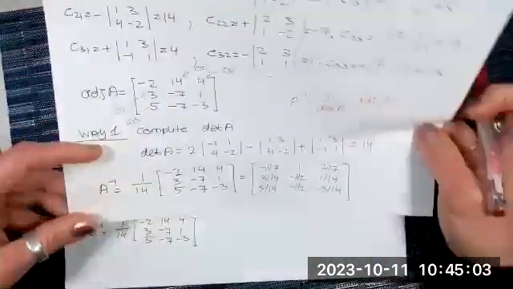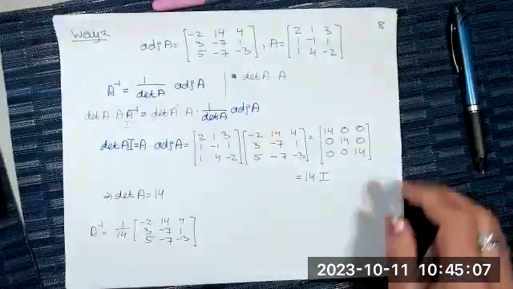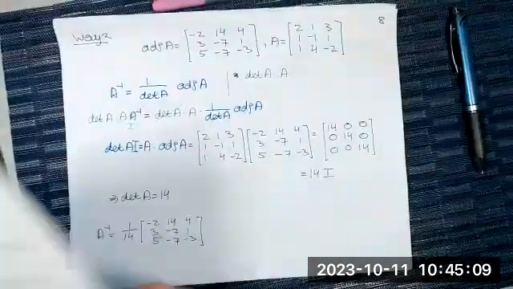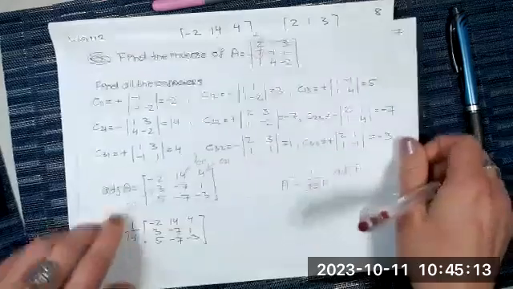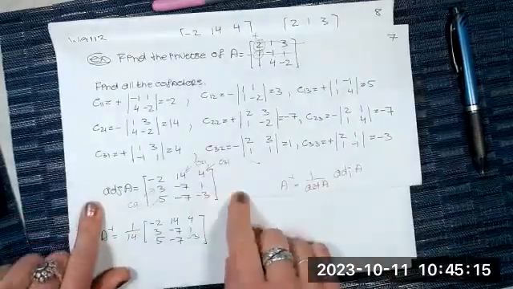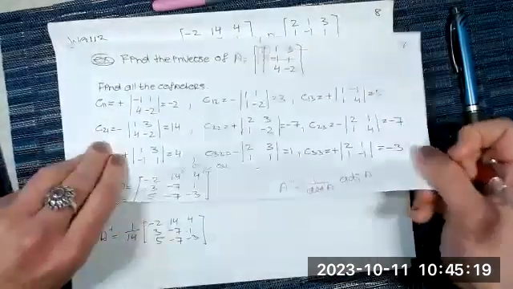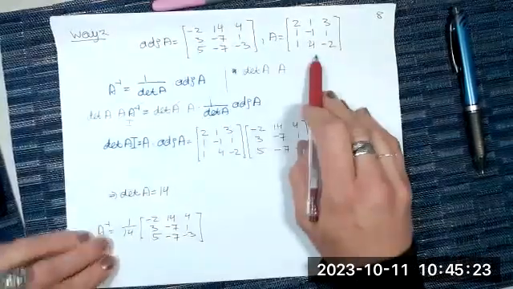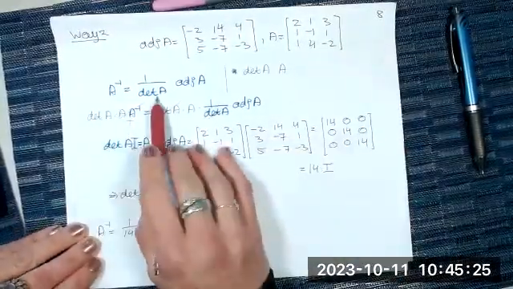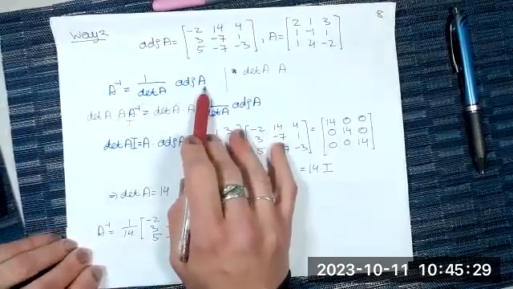All right. But this was way one. There's also another way to do this. If I have found the adjoint first, and I didn't find the determinant of A yet, I know that this formula holds: A inverse is 1 over determinant times the adjoint.